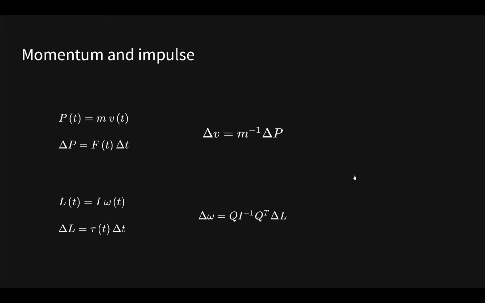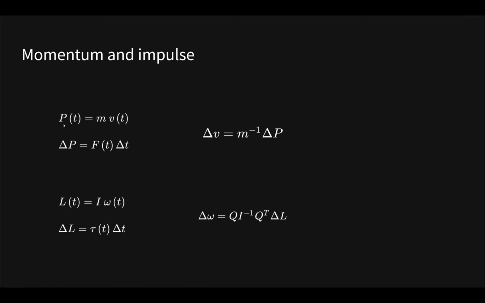And so momentum and impulse. The integrals of force and torque over time are defined as linear and angular momentum. First of all, this is momentum, which is defined as mass times velocity. That is how difficult it is to change an object's movement.